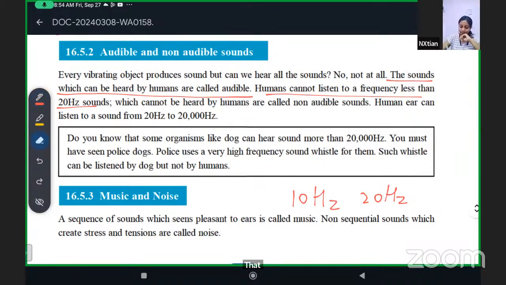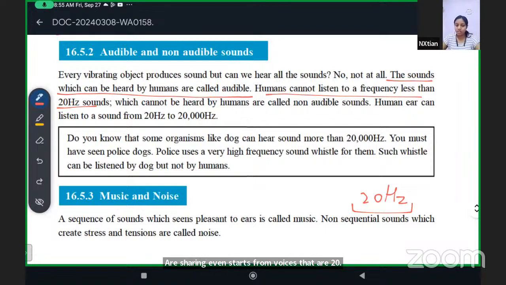So our hearing ability starts from sounds of 20 hertz. Those are audible sounds to us. But below that are inaudible, non-audible sounds.